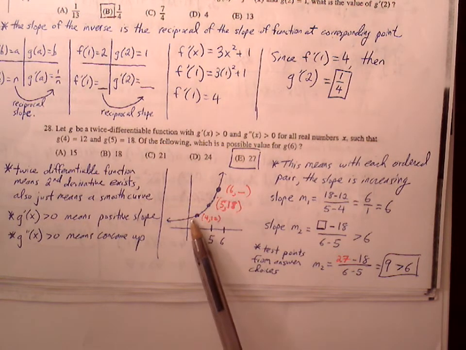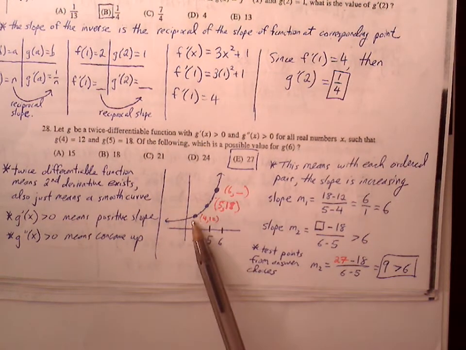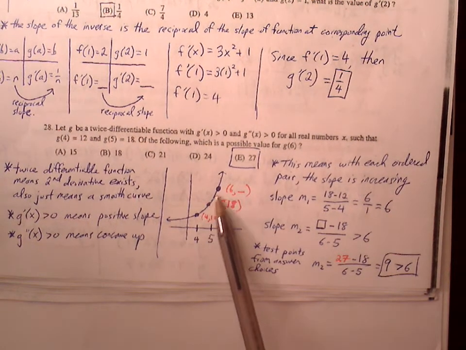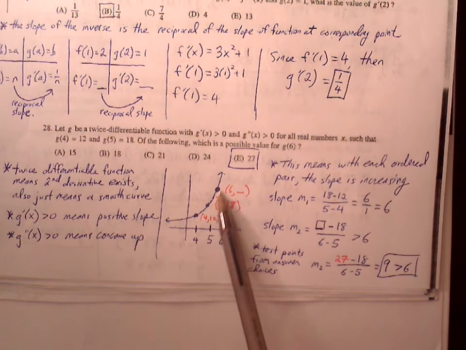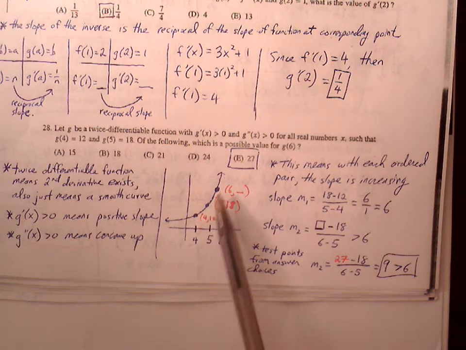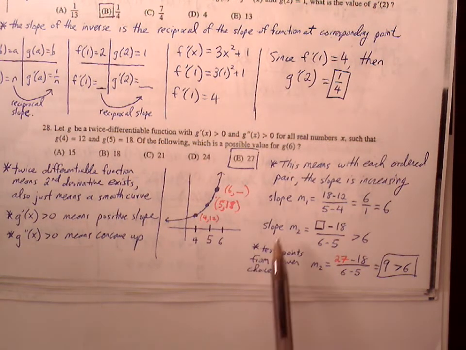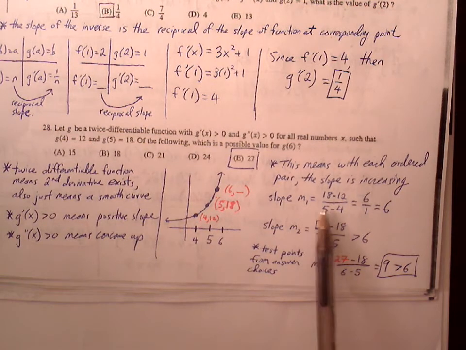So if I find the slope between these 2 points, let's say that slope is 3, then the slope between the second set of ordered pairs must be greater than 3. So they're always going to continually increase in slope. We're going to use that knowledge to help us out here.